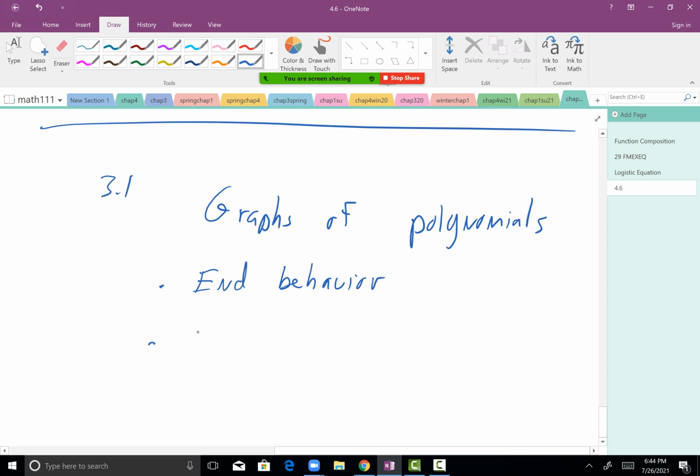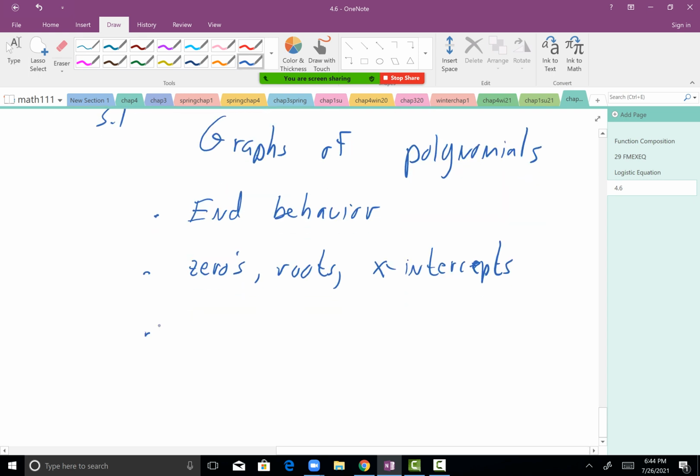Okay, talk a little bit about zeros and roots. Zeros, roots, x-intercepts, which is something that we already know. We're just going to expand on it a little bit. And the general shapes of these graphs, of these polynomials.